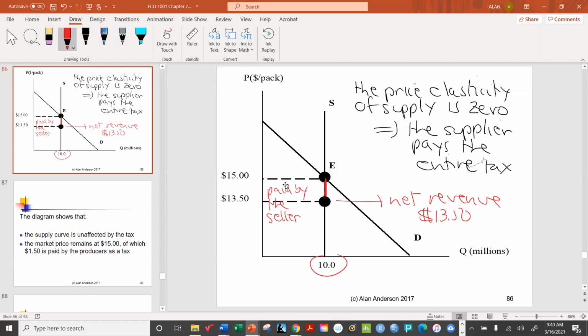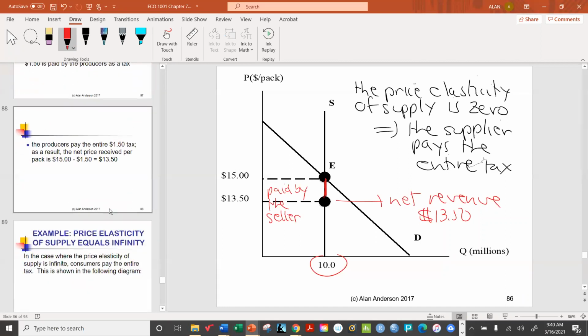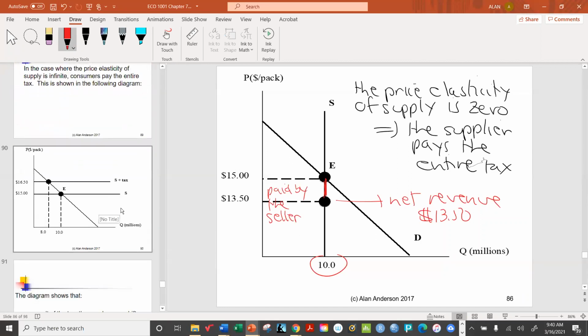Okay, now let's look at the other extreme case, the horizontal supply curve, where the curve is flat, which again is something you don't really see in practice. So how about this case?